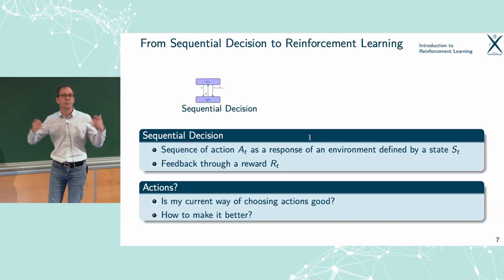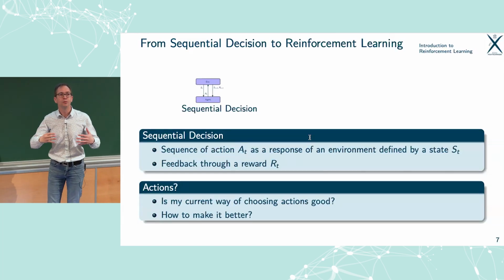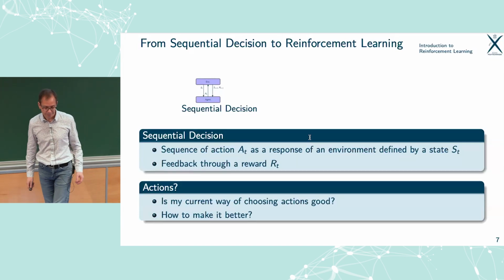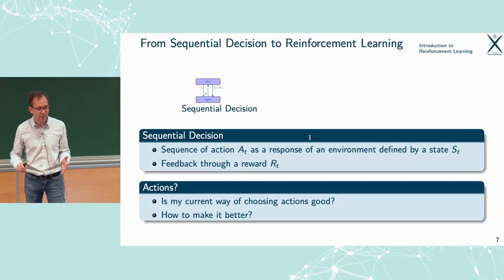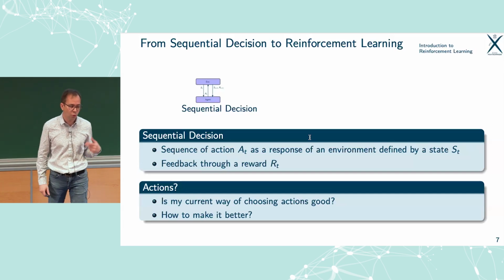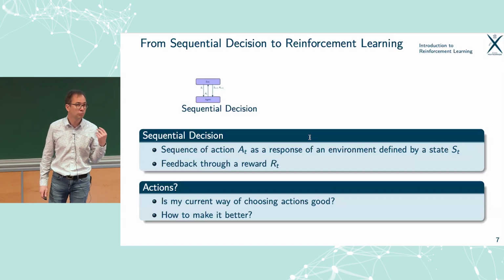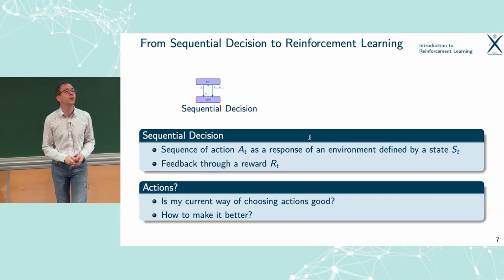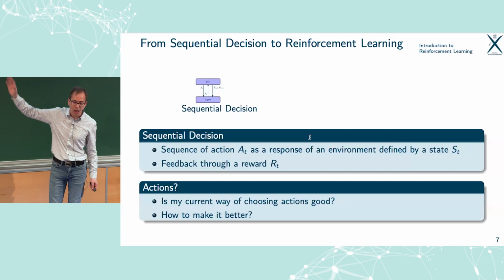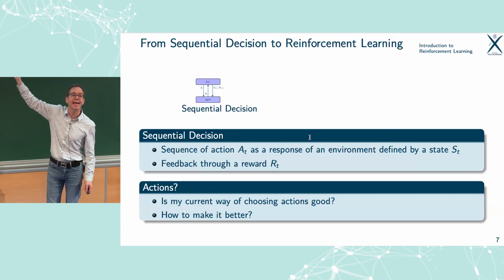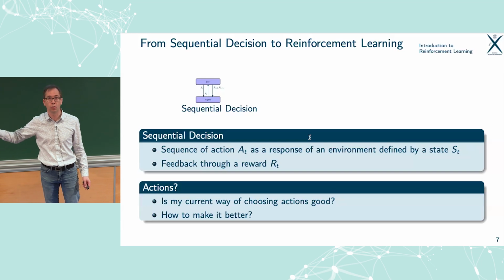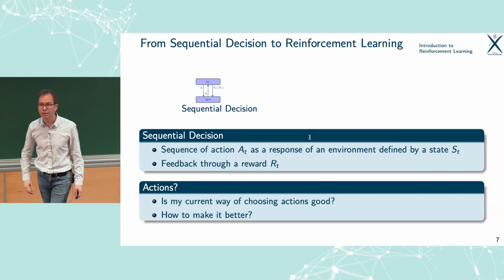That was the whole plan. We're going to restrict ourselves to a simple model, as often in math. So here, we're going to talk about sequential decision as a way to choose actions, those A_t here, depending on some information. And the information will be denoted S_t, the state, in all the talk, at least I hope.